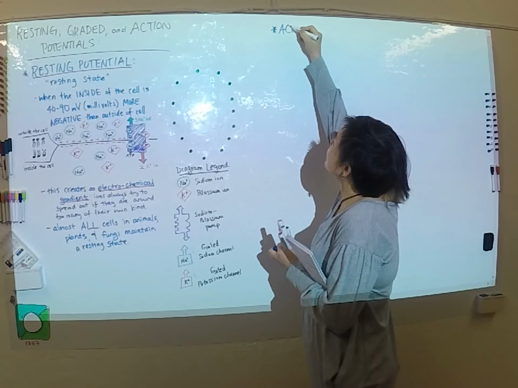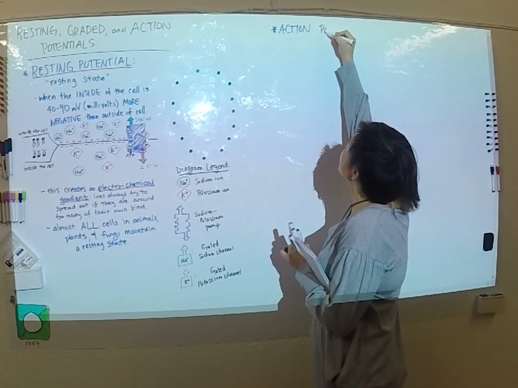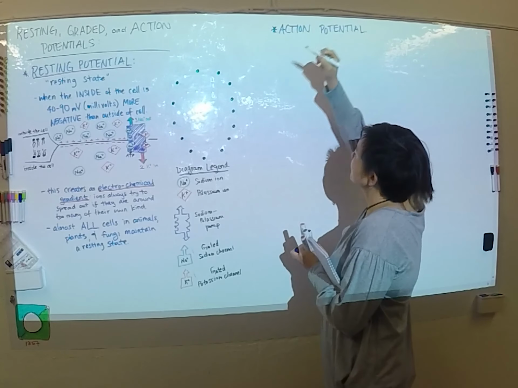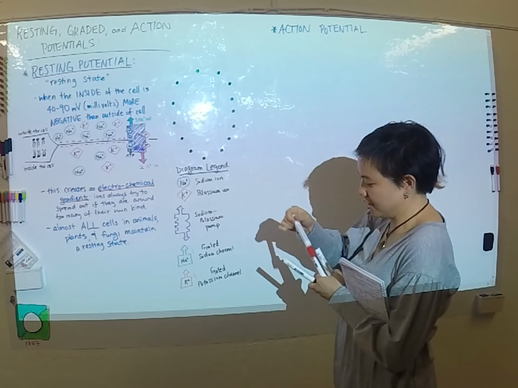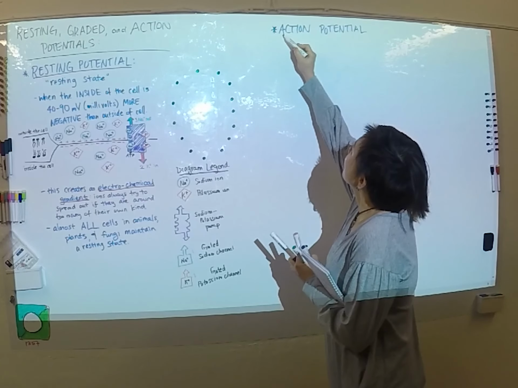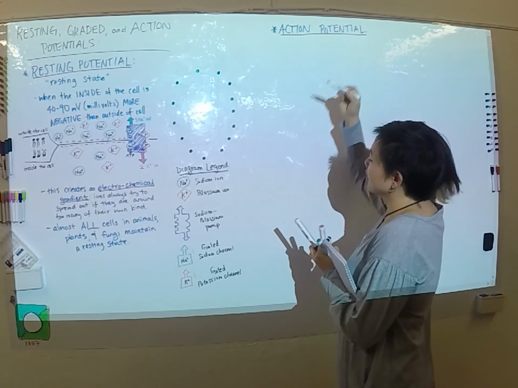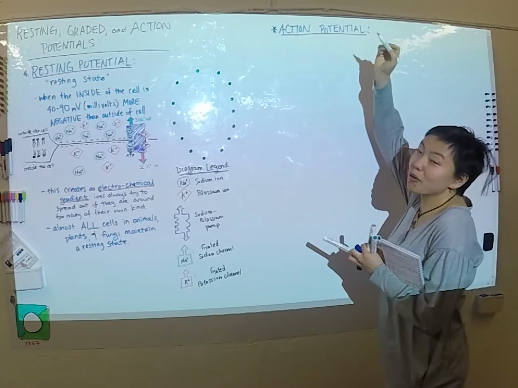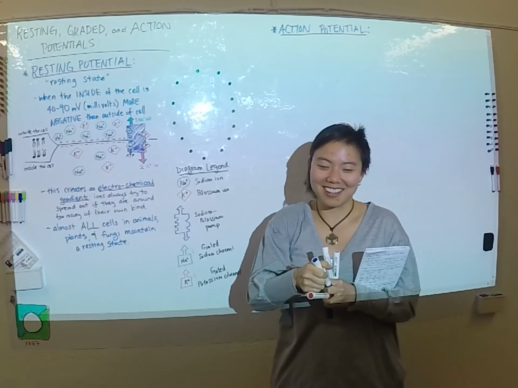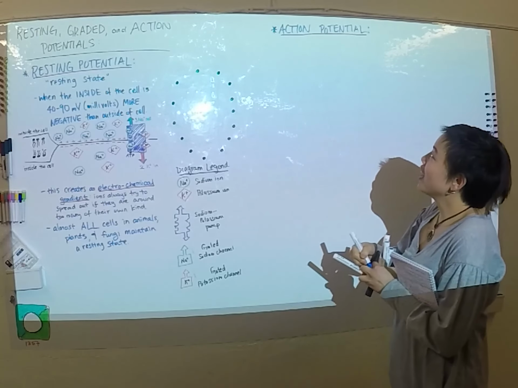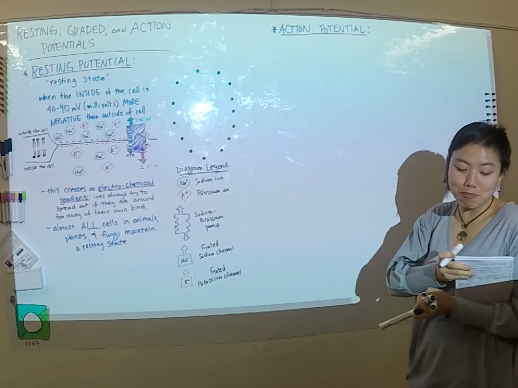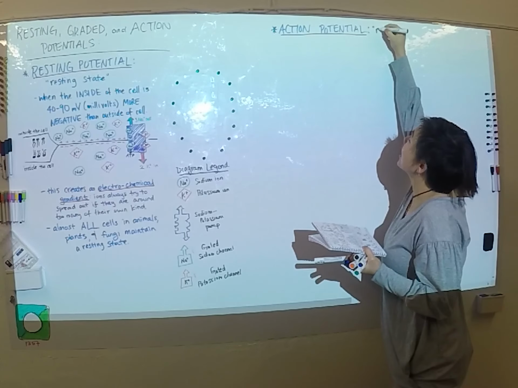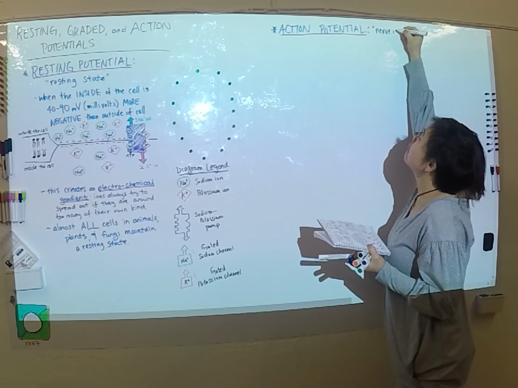The action potential. All right, so this is the electrical activity that gets talked about the most in neuroscience, okay? And when people refer to it, they might sometimes call it a nerve impulse.